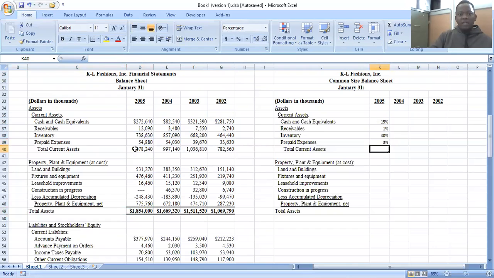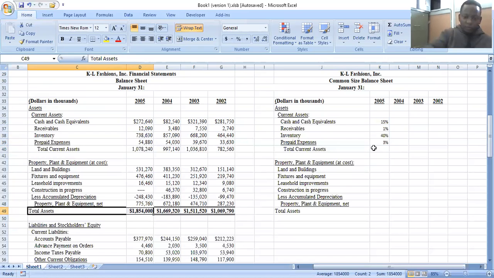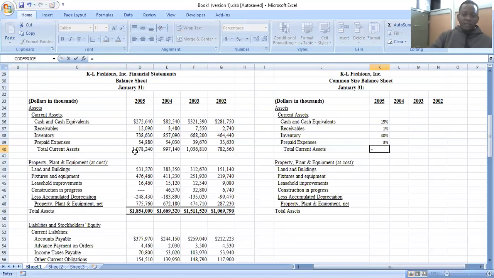Then for the total current assets, the common size ratio is 1078 divided by 1854, that is total current assets divided by the total assets, which gives us 58%.